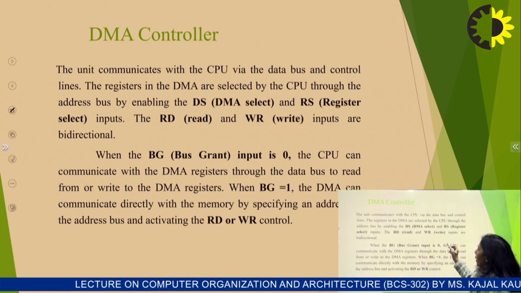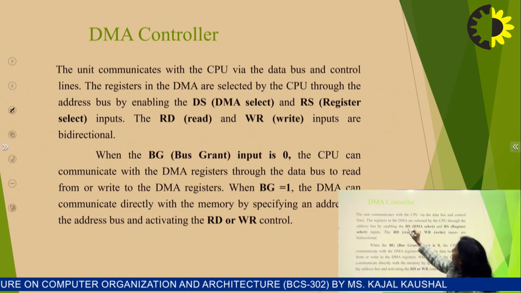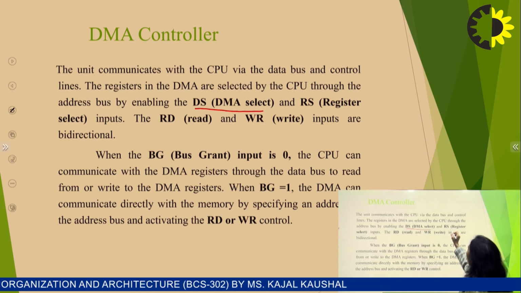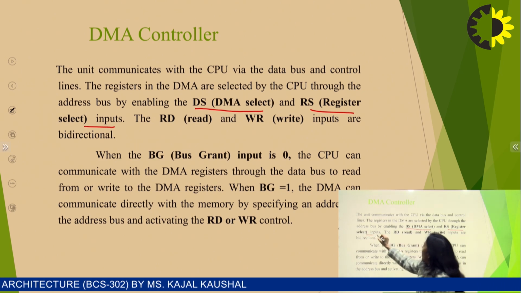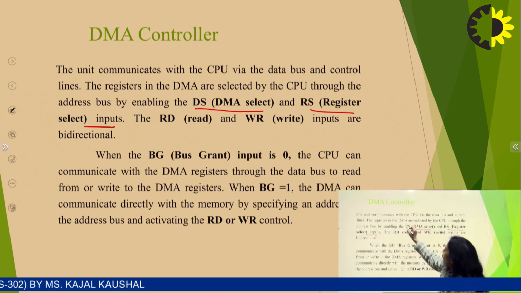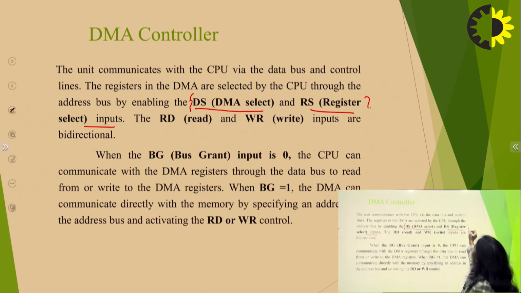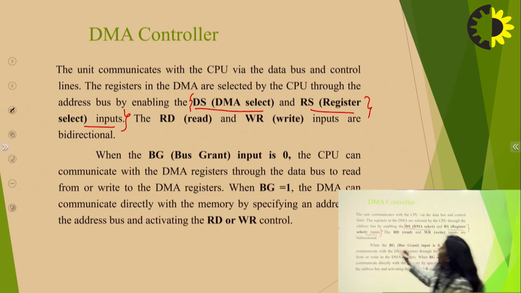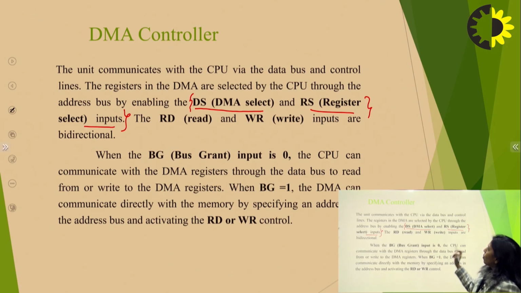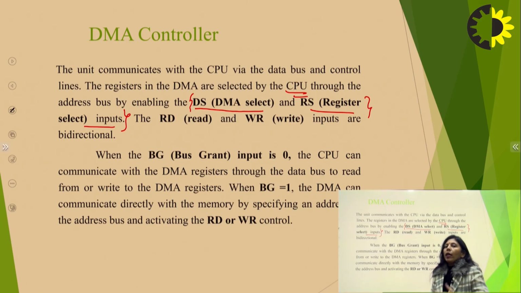In the initial slide, we saw that there is one DMA select and one register select input. These two registers that are used by the DMA are selected by the CPU only. That means the CPU transfers the address bus control to the DMA by enabling these two, the DMA select and register select.